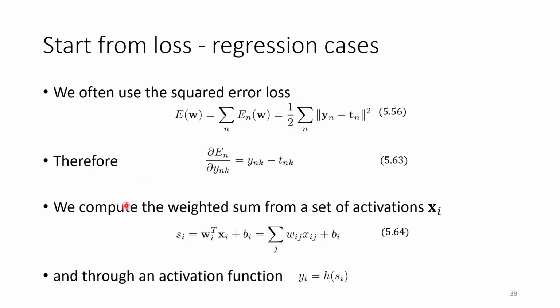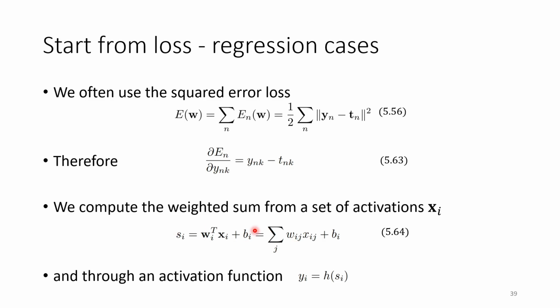Then we can compute the derivative with respect to the weight from activation xi. By the definition, what is i? Because it's a neuron, Si is the summation of the activations with the weight vector, and the element of the weight vector is Wij.